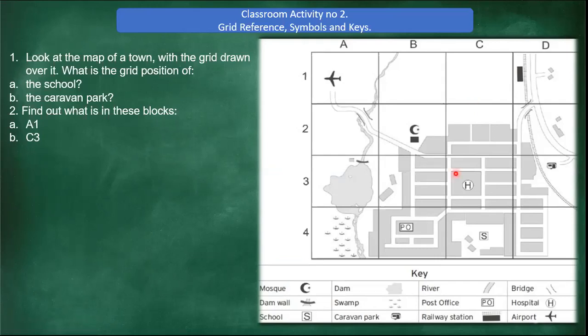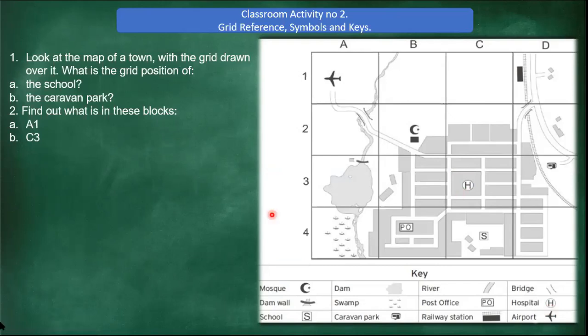Yes, we have the hospital. On the group chat, people are saying hospital, hospital, hospital. Everybody's saying hospital. Thank you. I also say it's a hospital because this key H symbolizes a hospital. And here we also have a symbol of a hospital.